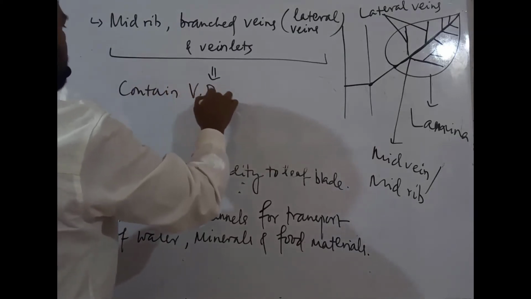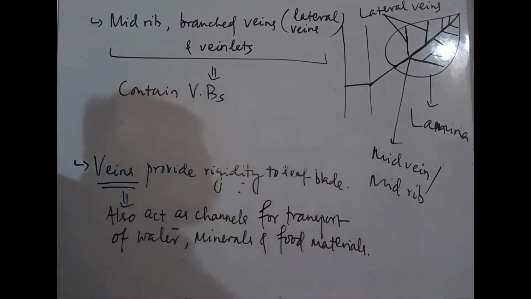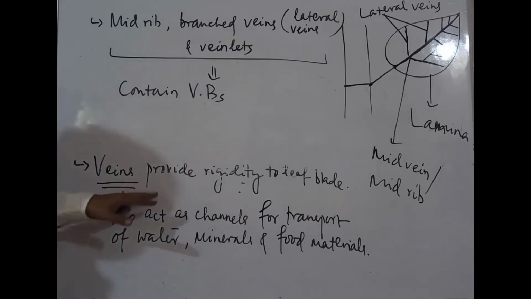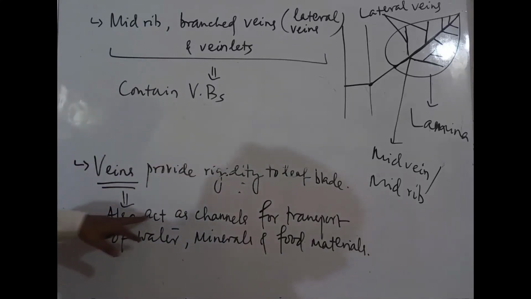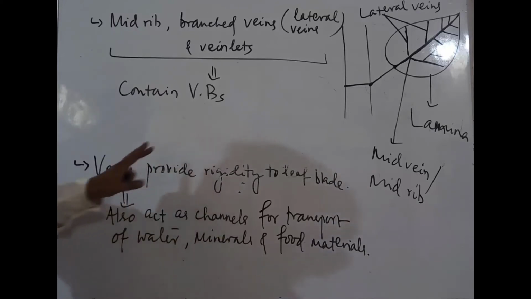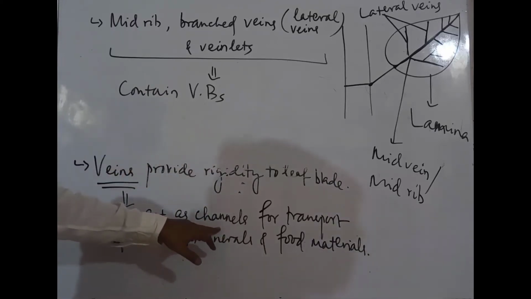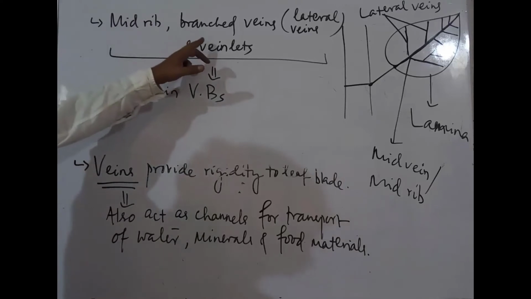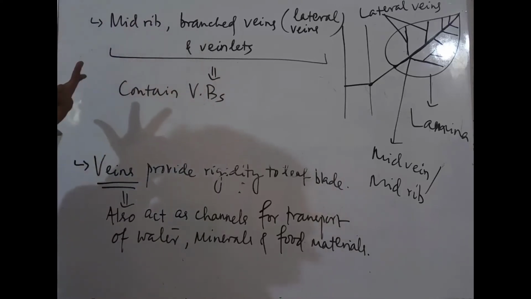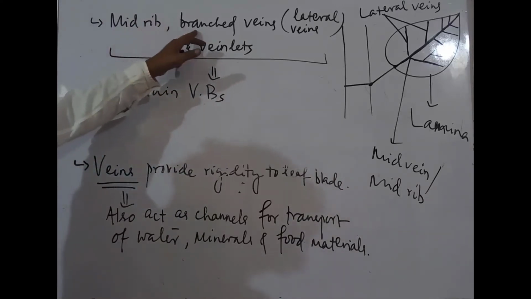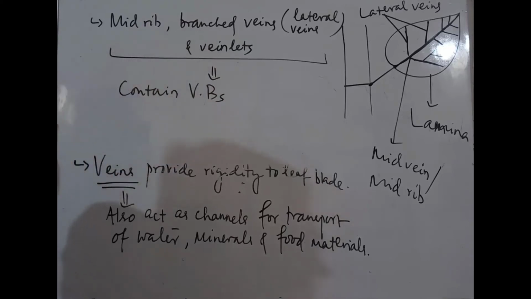Vascular bundles we can write in short as VBs. And this create channels, that is the point given here, act as channels. That means these veins act as channels. Midrib, branch vein, veinlets, these all contain vascular bundles. That's why they create a channel for transport.